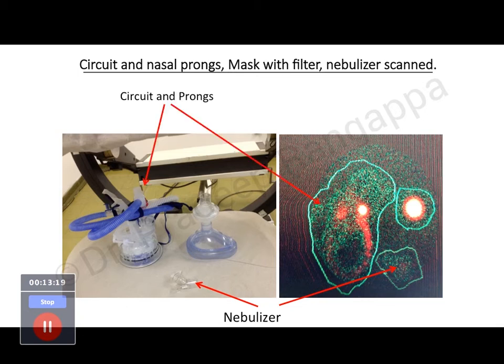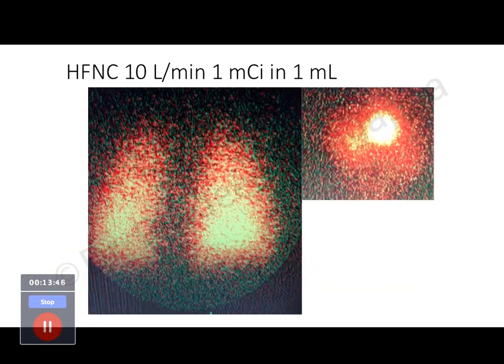They saw reasonable distribution of aerosols in the circuit and in the nasal prongs, and predominantly the aerosols were sitting in that mask and expiratory filter, because that is where the whole trap of aerosols is, and patients would continue to rebreathe from those trapped aerosols. So basically they said having a filter attached when you are nebulizing through high flow nasal cannula would help you achieve better lung deposition.